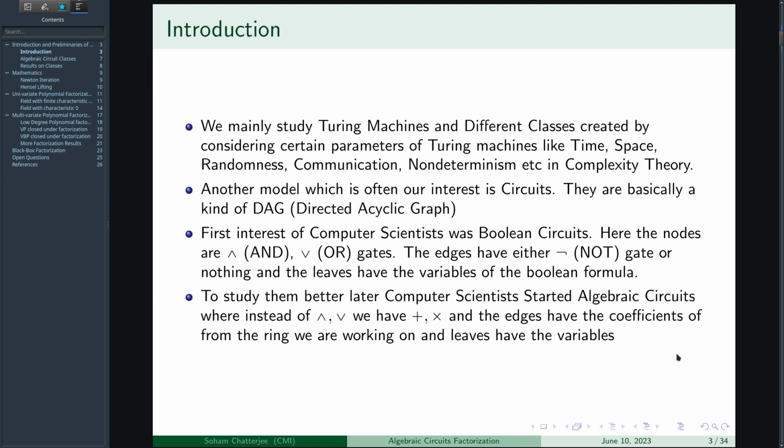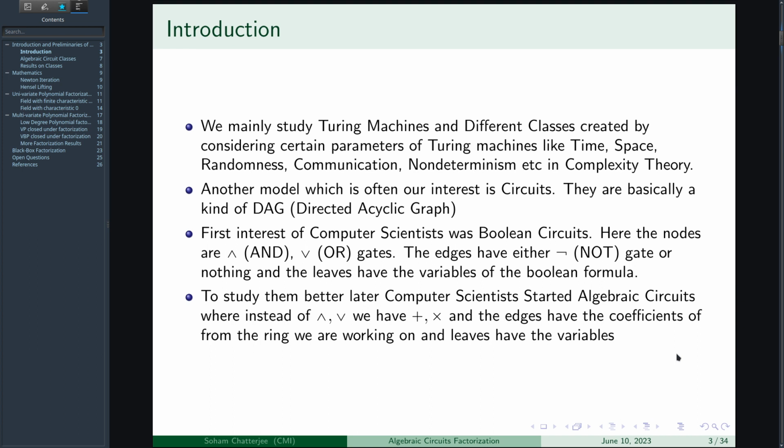So now, what is complexity theory? Basically, we want to study Turing machines, and we separate all the problems into different boxes, which we call classes.